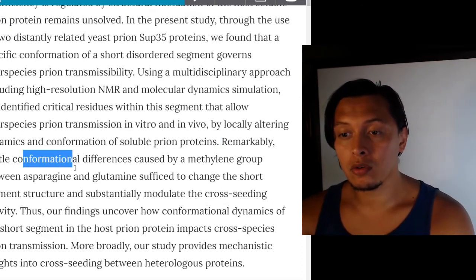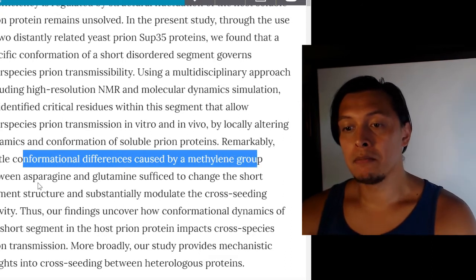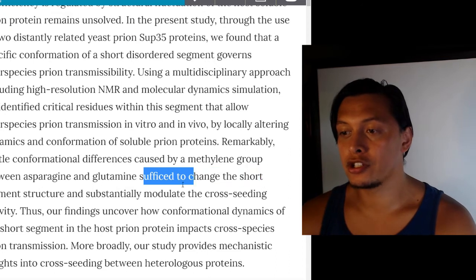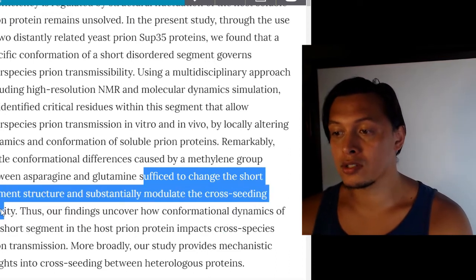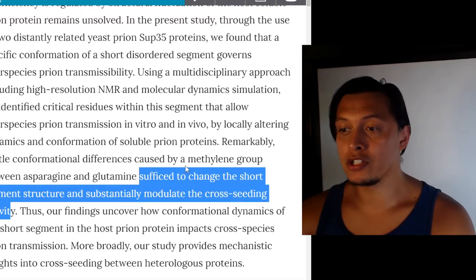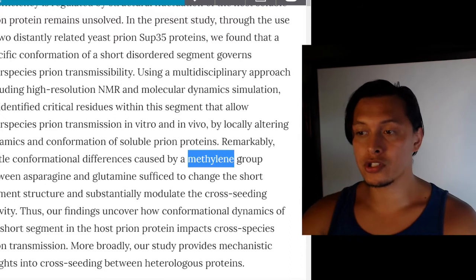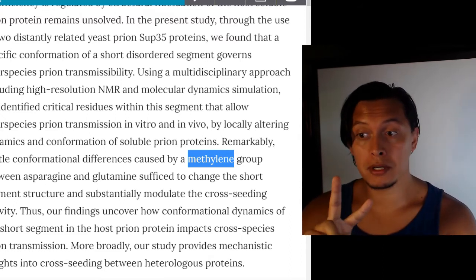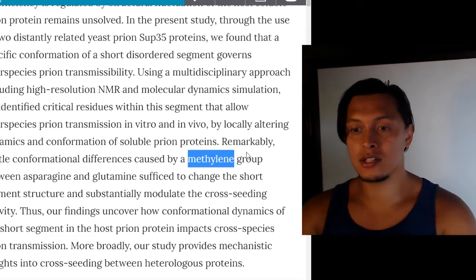Remarkably, subtle conformational differences caused by a methylene group between asparagine and glutamine suffice to change the short segment structure and substantially modulate the cross-seeding activity. So if we just add this small methylene group, which would be a carbon with a few hydrogens, in between the asparagine and the glutamine, which are two different amino acids, they can substantially modulate this cross-seeding activity.